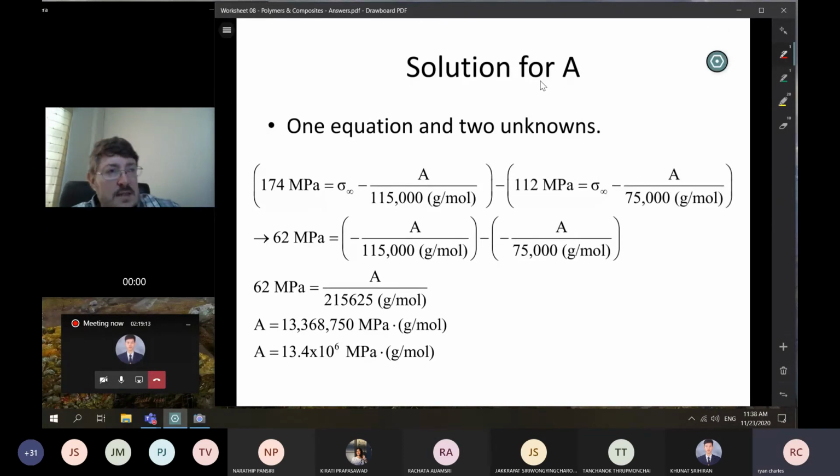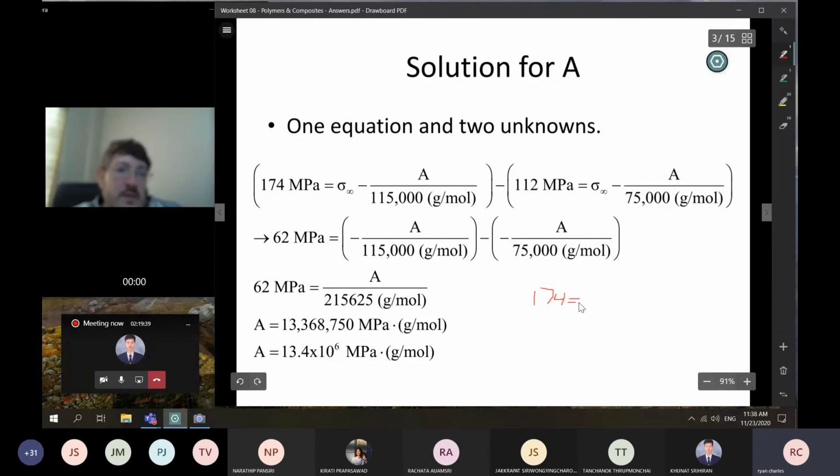We have 174 equals sigma infinity minus A over 115,000, and 112 equals sigma infinity minus A over 75,000. We can subtract one equation from the other, and we're subtracting.